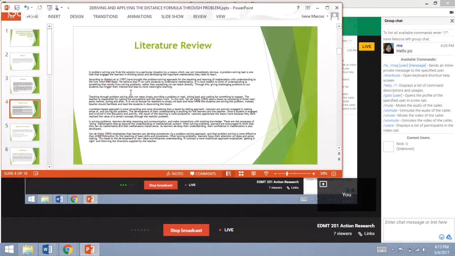According to Hiebert, they brought the problem solving approach for teaching and learning of mathematics with understanding to the fore when they state, we believe that if we want students to understand mathematics, it is more helpful for them to think of understanding as something that results from solving problems rather than something we can teach directly.